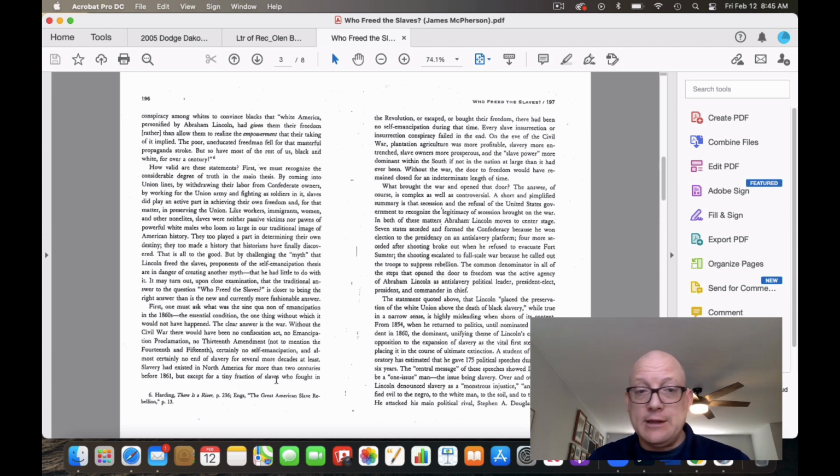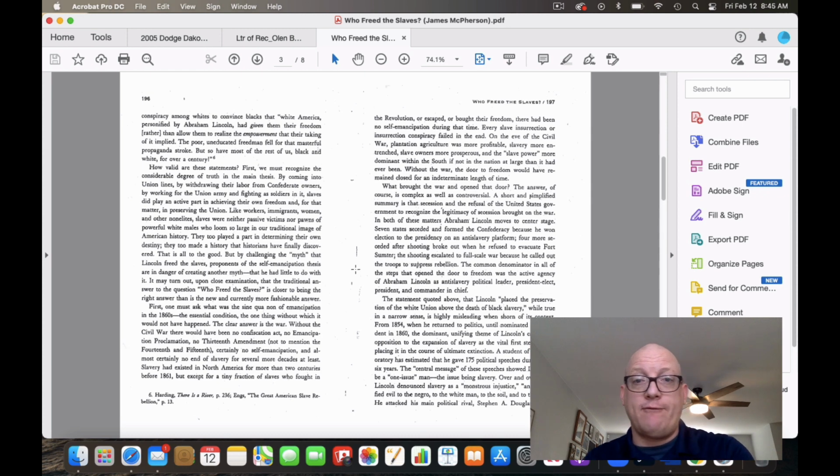So first he lays out that, look, without the war, without the Civil War, there would have been no Confiscation Act, no Emancipation Proclamation, no 13th Amendment, not to mention the 14th and 15th Amendment, which were important to the pursuit of equality, of racial equality in the United States. Certainly no self-emancipation, and almost certainly no end to slavery for several more decades at least.